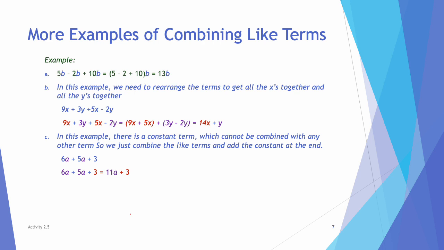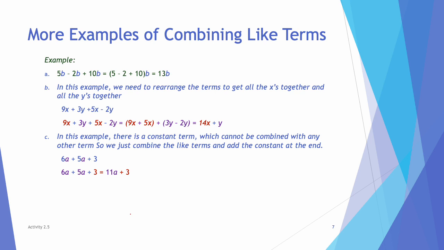So I'm going to write it as 9x plus 5x plus 3y minus 2y. That way I have the x's together and I have the y's together. So then I can do 9x plus 5x is 14x, and then I have 3y minus 2y equals 1y. So the answer is 14x plus y.